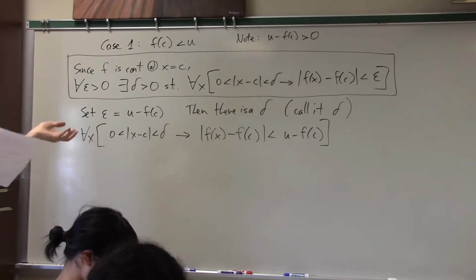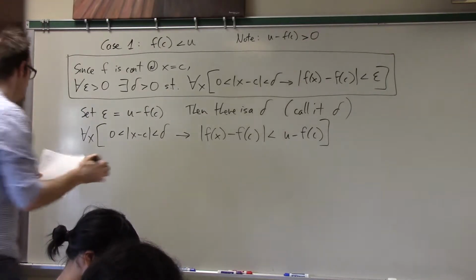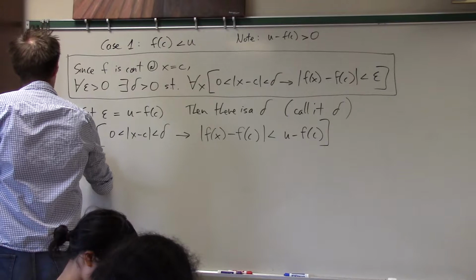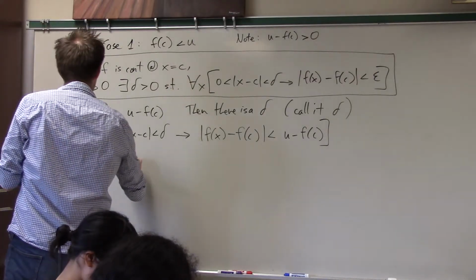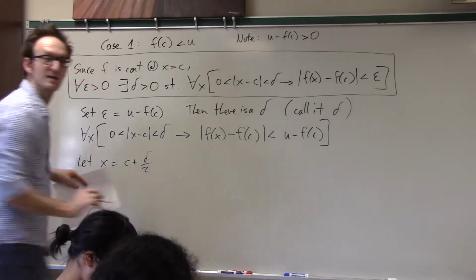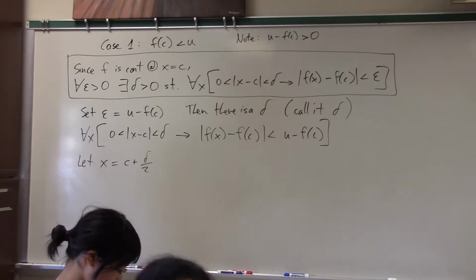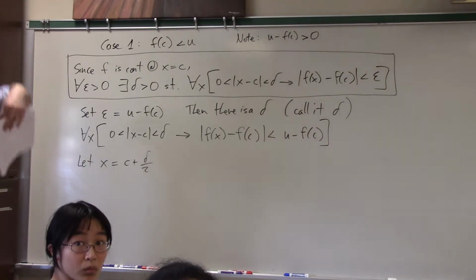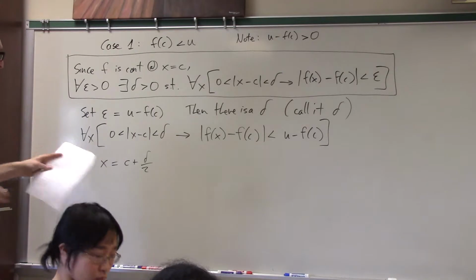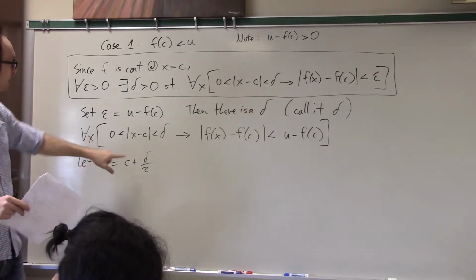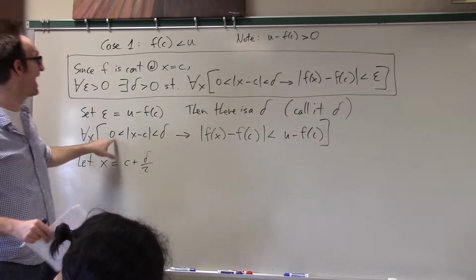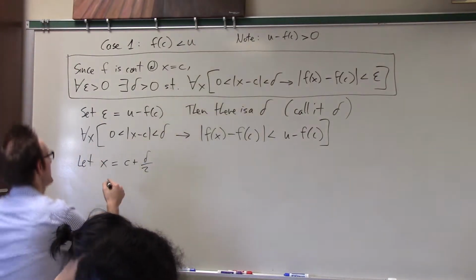A nice number to choose is halfway between, right? So I choose, let x be c plus delta over 2. Does everyone see what I'm doing? If you look at the picture, c plus delta over 2 is a number which is a tiny bit more than c.